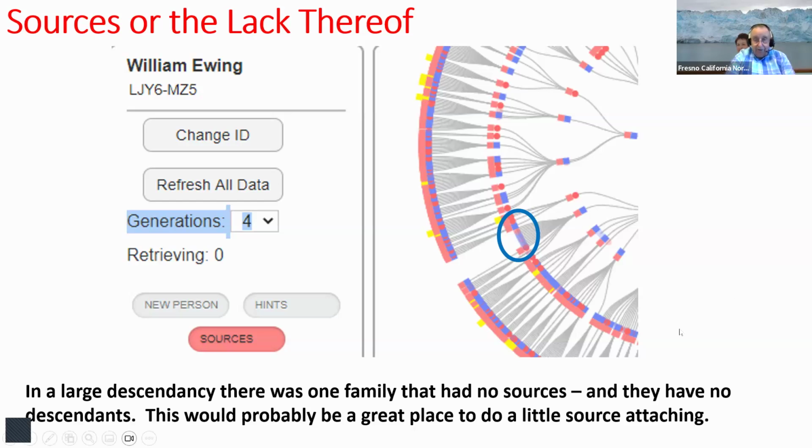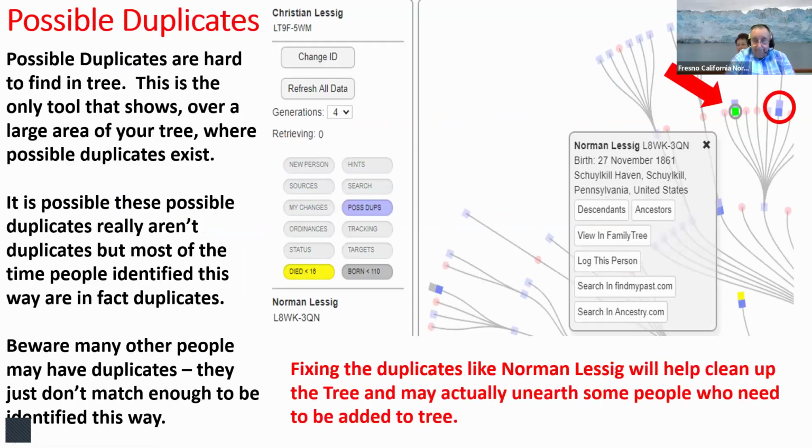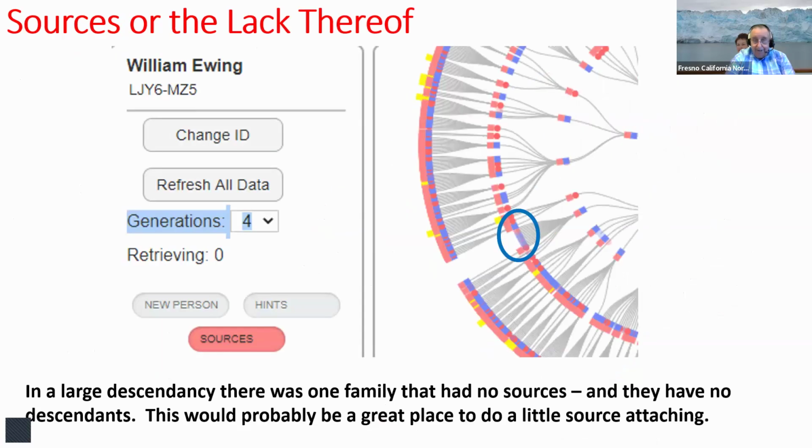And when I see a situation like here, where there's this group that do not have the little red boxes for sources, I'm going to want to look at that section because that means those people have never been sourced. They also show no parents or spouses. So that's probably a good place to go working.